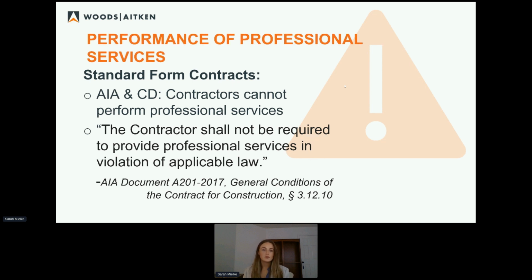But what this really should tip you off to is that you have to be aware of your jurisdiction's licensing and state licensing requirements. Because regardless of what your contract document says, if the applicable jurisdiction's law does not allow you to perform a certain service, you can't do it. Or you can, but you're at great risk of liability.